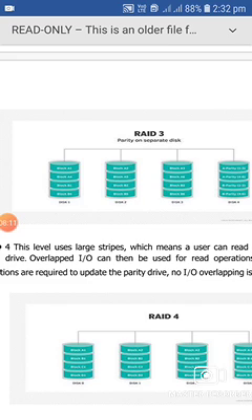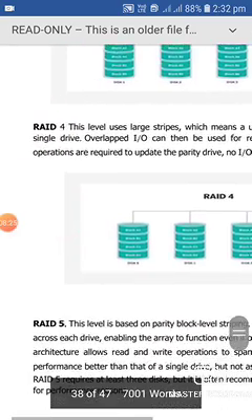Since an IO operation addresses all the drives at the same time, RAID 3 cannot overlap IO. For this reason, RAID 3 is best for single user systems with long record applications. So that's the RAID 3 concept.